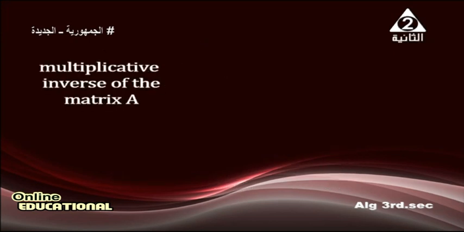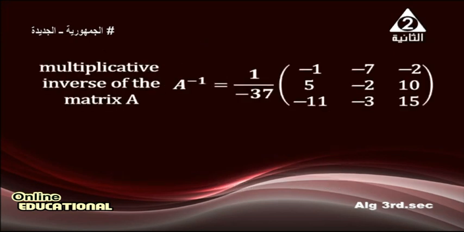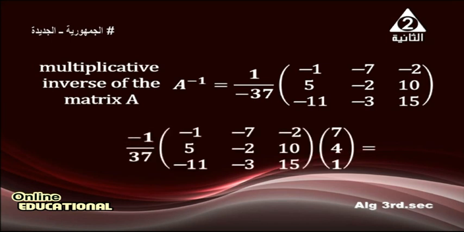After that, the multiplicative inverse is 1 over delta, the determinant, multiplied by the adjoint.